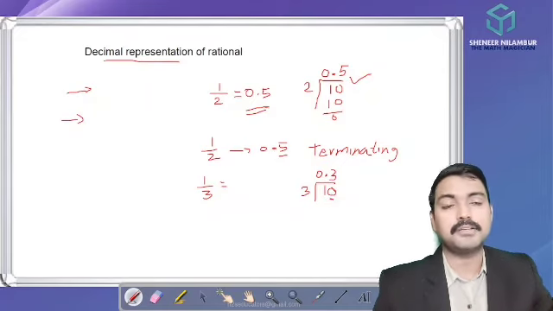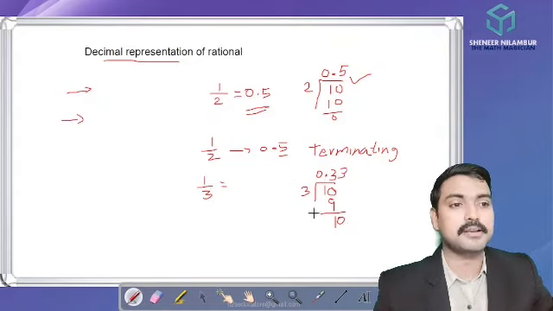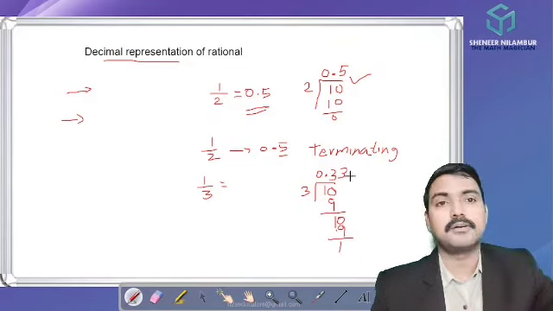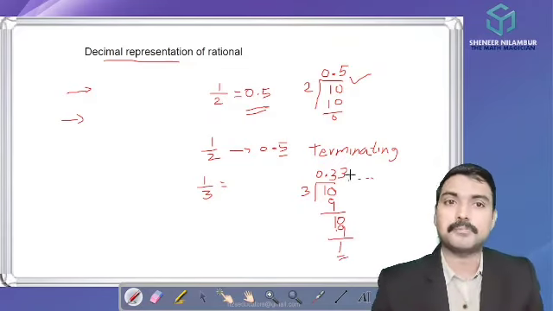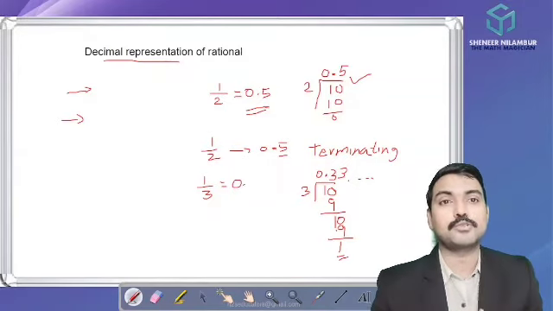Again we can divide, because here the remainder is 1. So by giving 0, again we write 3 3's are 9. So what is happening is that the remainder is always coming 1. So this division never stops. It is a non-terminating, repeating decimal expansion.